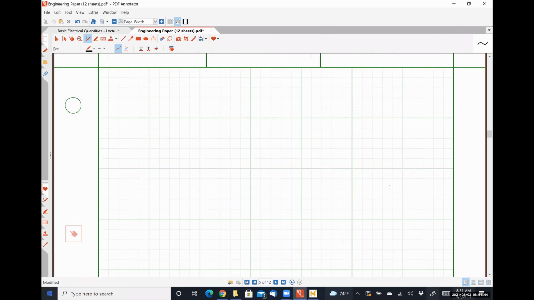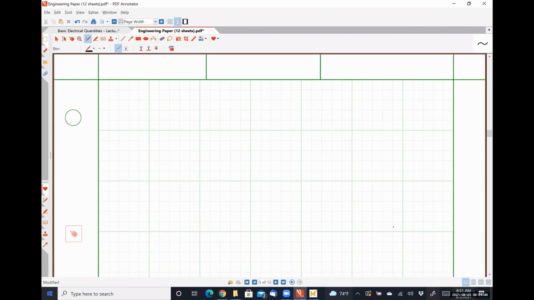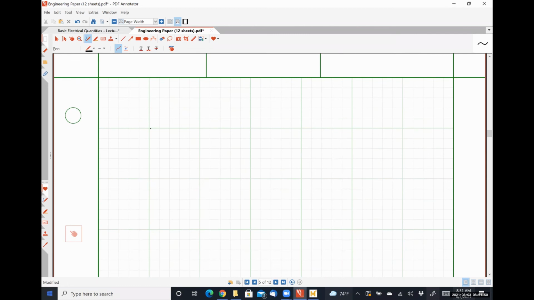So just for the sake of argument here, let's see. This would be our real axis and this would be our imaginary axis.